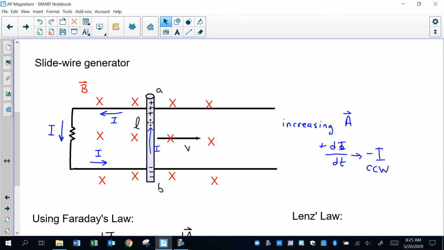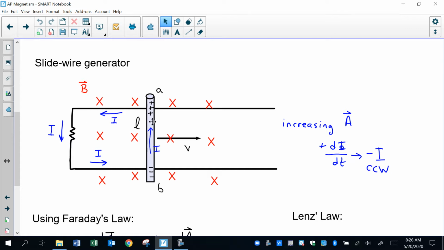So first, looking at the flux. My B never changes. It's constant. The angle between the area is right here, traced out as this square or rectangle. So our area orientation stays the same, so the angle stays the same. So if B doesn't change and the angle doesn't change, what is going to change?